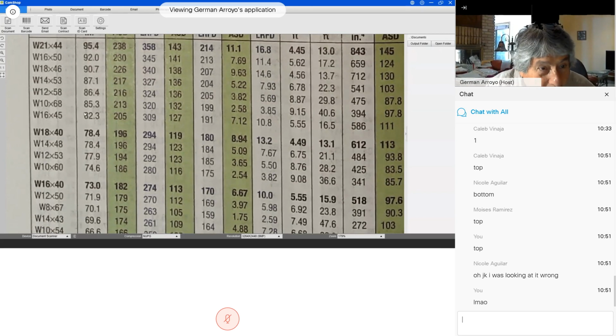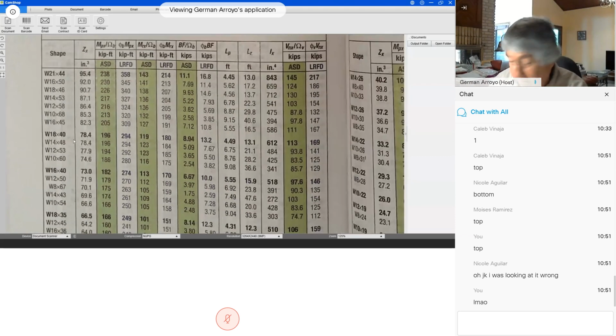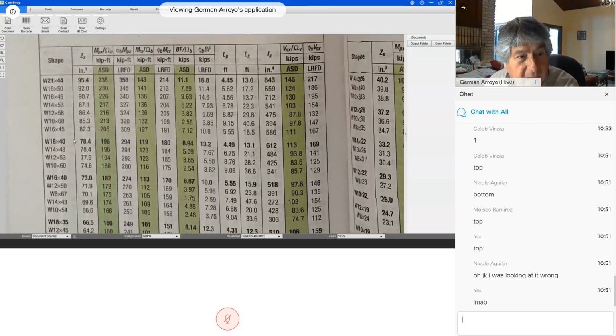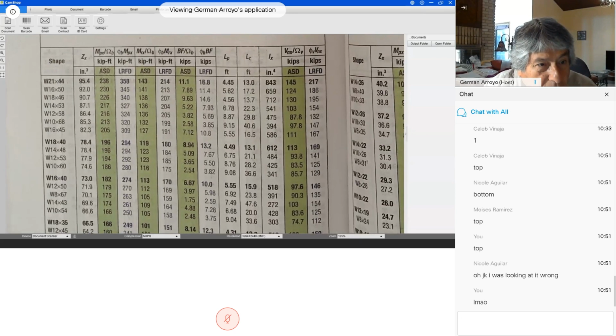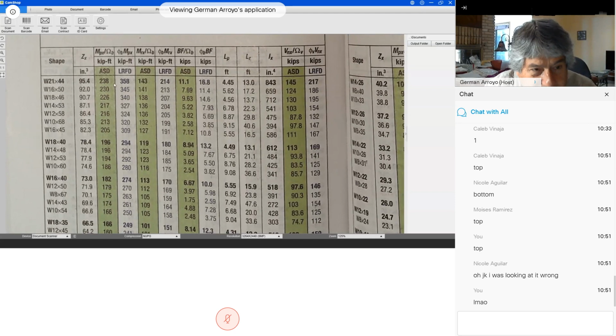So what we have in here is amazing. I'm going to look at W21 by 44. Plastic modulus. This is phi M sub p, the plastic moment multiplied by 0.9 because it's for LRFD. We have a phi M sub r.